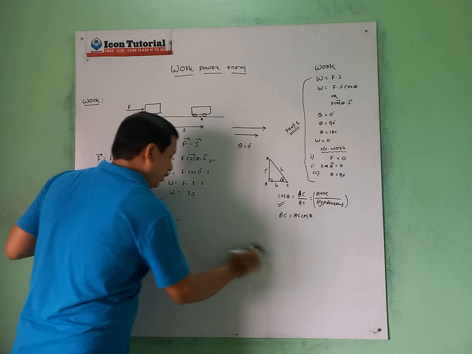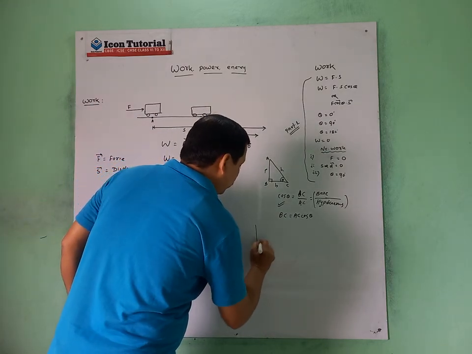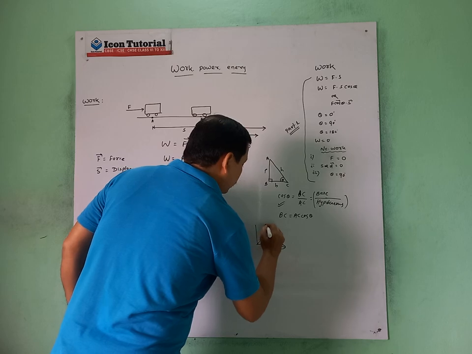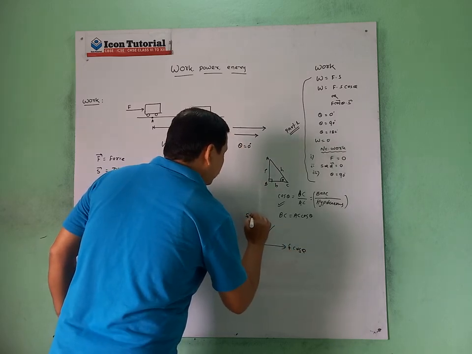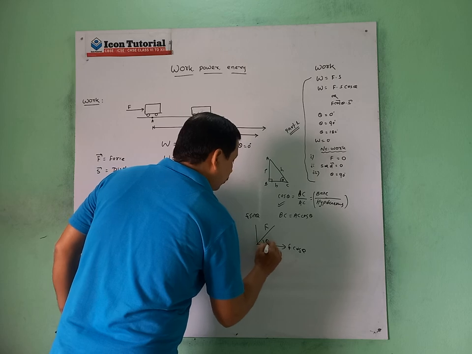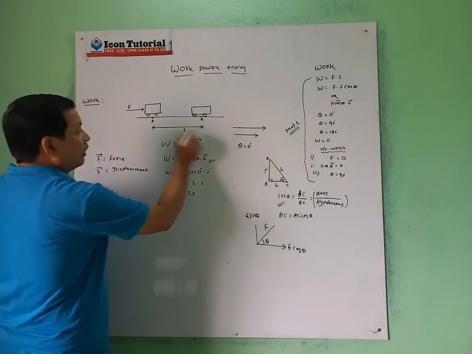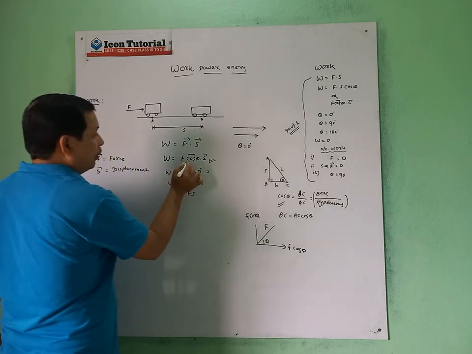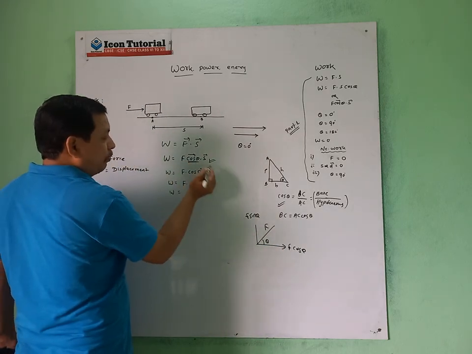So very shortcut, I am writing here only this part. When force is applied here, this one is F cos theta and this is F sin theta. Clear? This is F sin theta. Like that, for theta = 0 degree, the same procedure applies; in place of F cos theta I have written that formula.